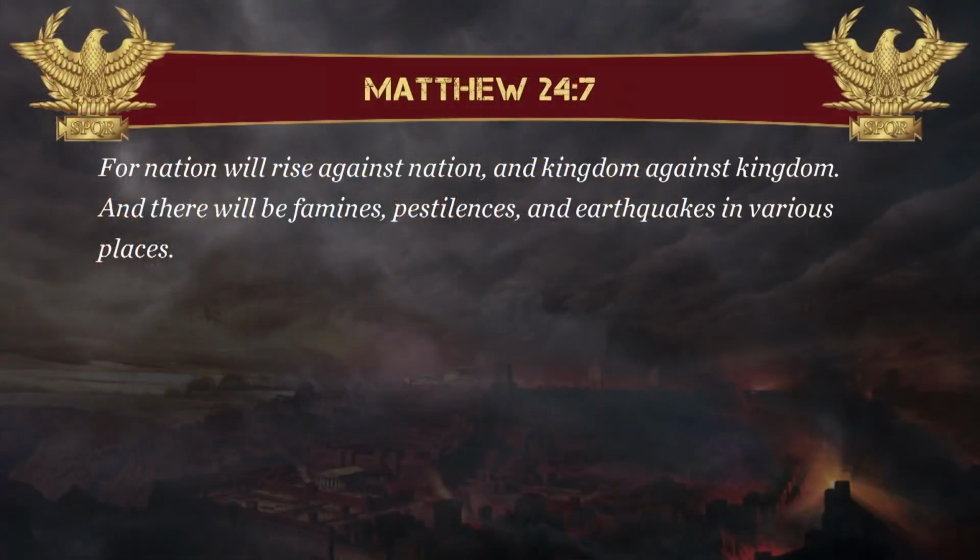Matthew chapter 24 and verse 7 reads like this, "For nation will rise against nation, and kingdom against kingdom. And there will be famines, pestilences, and earthquakes in various places." So this verse says that there are going to be earthquakes. Now, Luke 21 verse 11 has an additional detail.